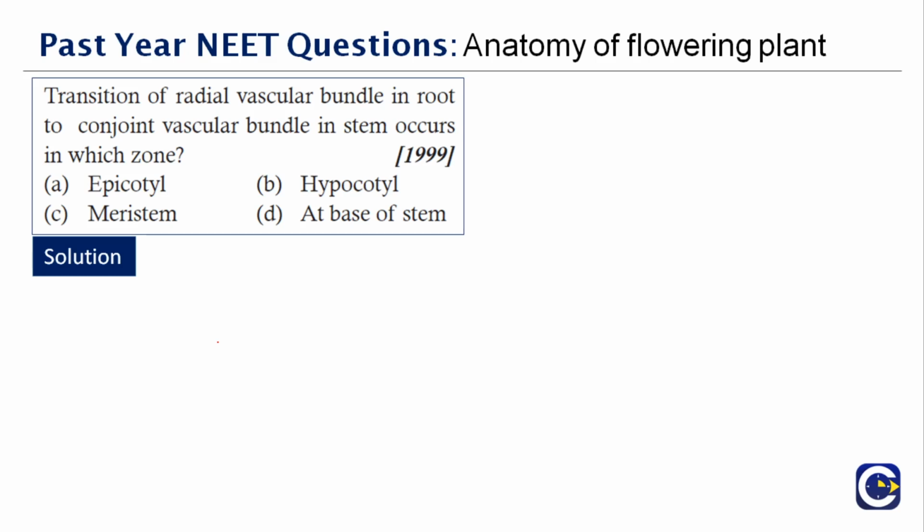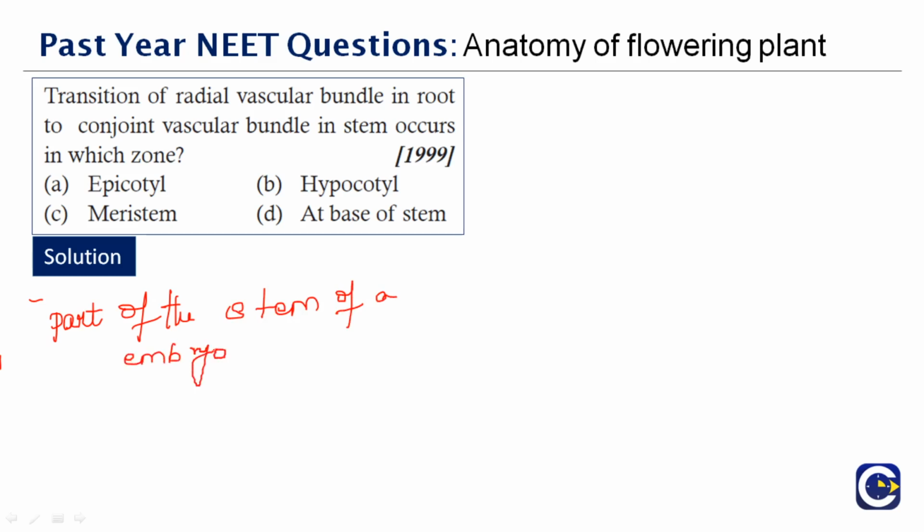You're given four options here, but we took hypocotyl. You have epicotyl, meristem and all that. When we talk about hypocotyl, we can say it's a part of a stem, a part of the stem of an embryo plant.